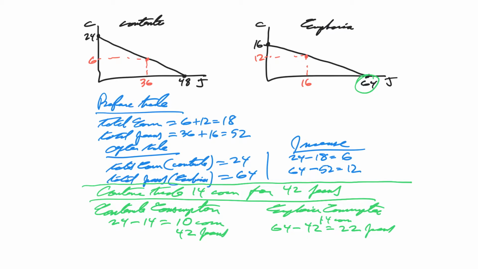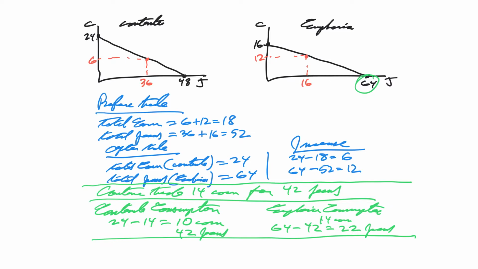Now the last part wants to know the increase in consumption. Well, how much corn was Contente consuming before the trade? Now, keep in mind, this is their production possibilities before trade. However, before trade, production and consumption possibilities are the same thing, because if they can't produce, they can't consume.